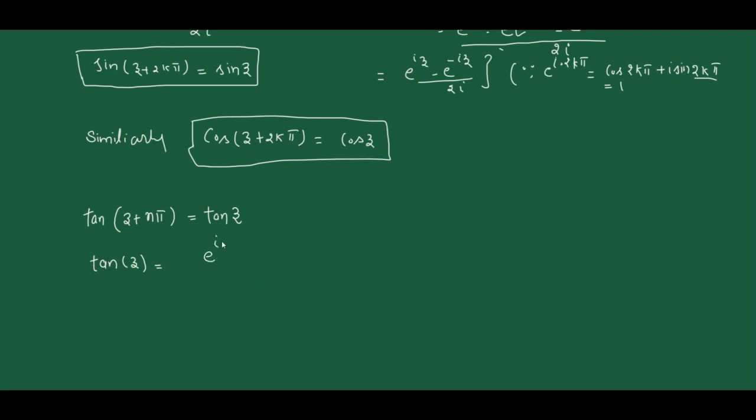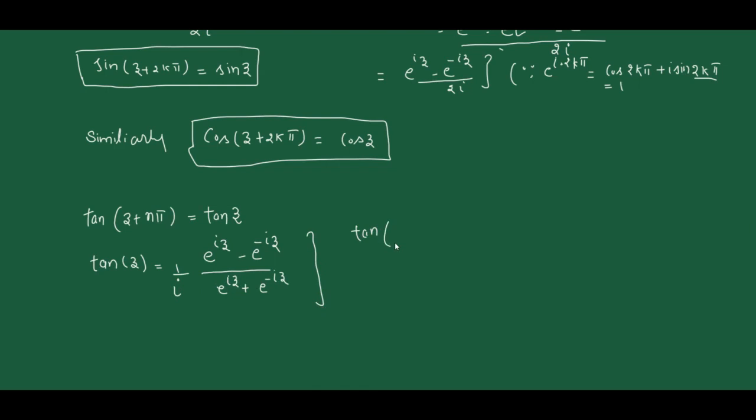e raised to power iota z minus e raised to power minus iota z divided by e raised to power iota z plus e raised to power minus iota z, and this one by iota. Okay, now replace z with z plus n pi.